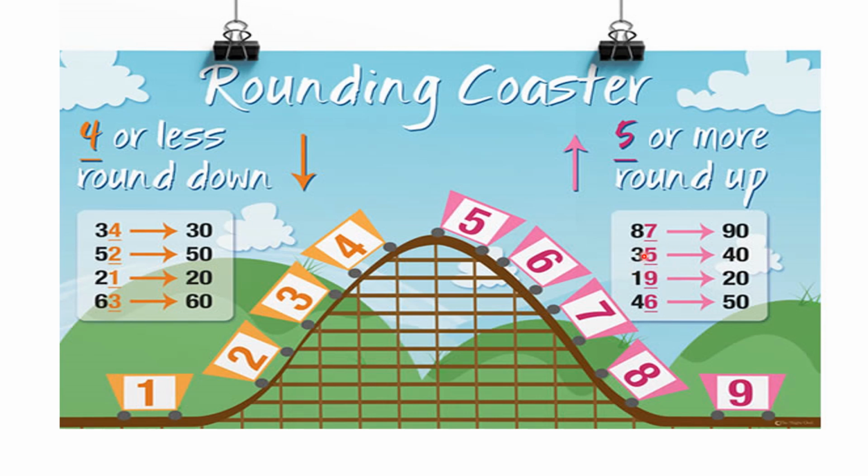In 35 this digit is 5, which is equal to 5. In 19 it is 9, which is again more than 5. And here also 6, which is again more than 5. All these values are greater than the actual values. That's why it is called round up, and the other is called round down.